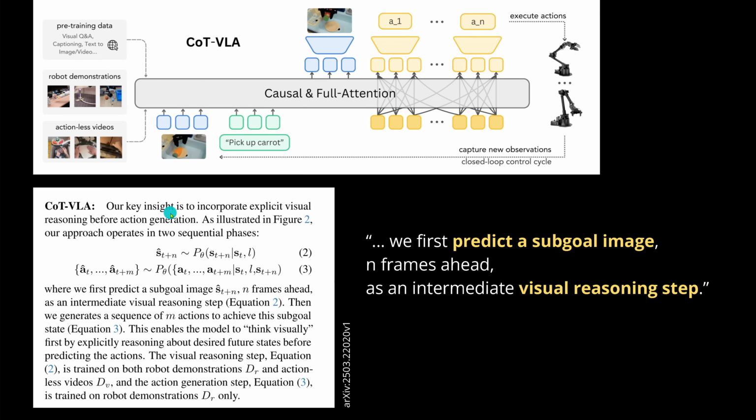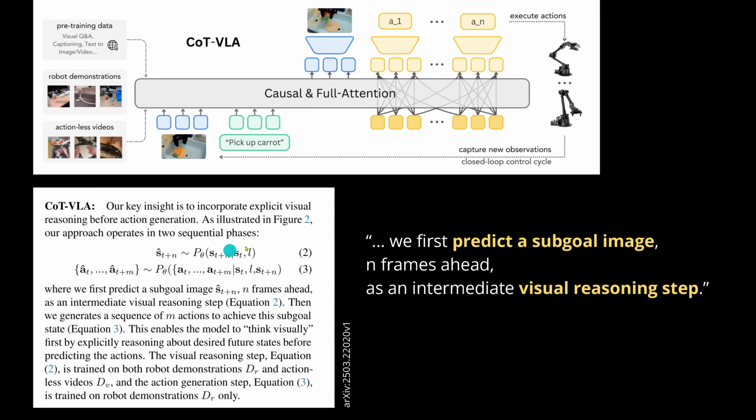And you know, the action is how to program the arm of the robot to pick up the carrot, how to control the actuators, all the different motors on this robot arm. So before we generate the action, we want to see the visual steps that the arm should perform.